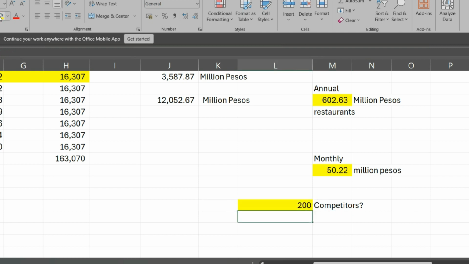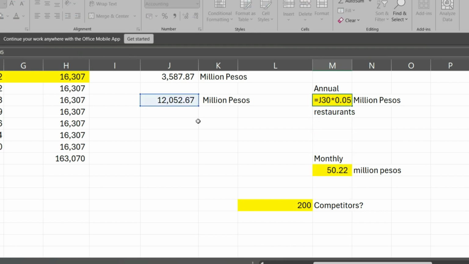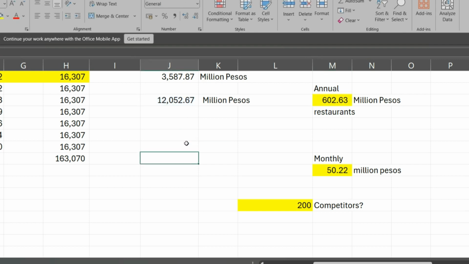Okay. So when you go back to this, every time there is a number, that means you have to put it in. In this case, it's a formula. Don't do anything with that. But this one is calculated based on this and so on. Okay, so this is very important. You have to enter on this. So let's say it's 200 competitors.